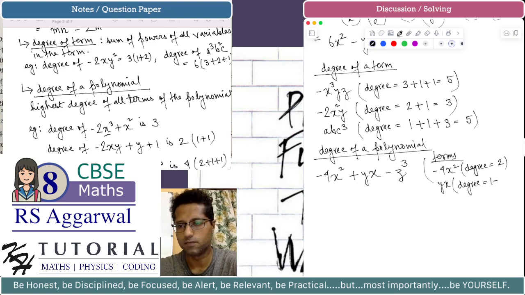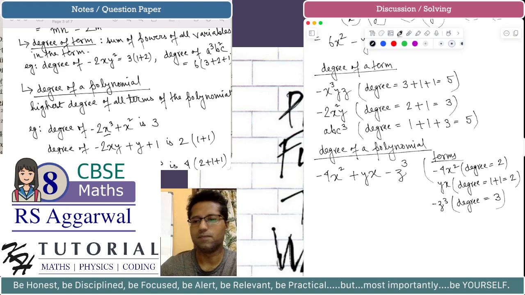So 1 plus 1, this is also 2. And the degree of the term minus z cube, it has only one variable and the power is 3, so degree is 3. So we can see the maximum degree of the terms is 3. So this polynomial has degree equal to 3.